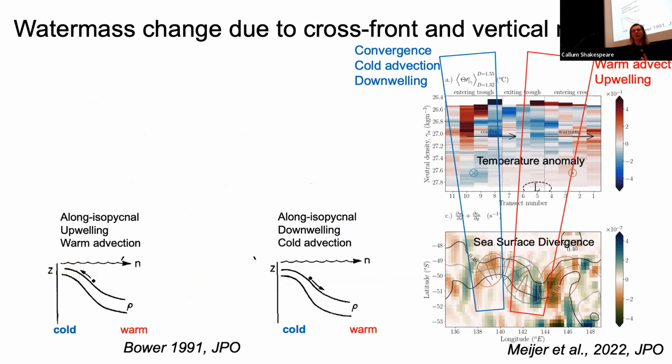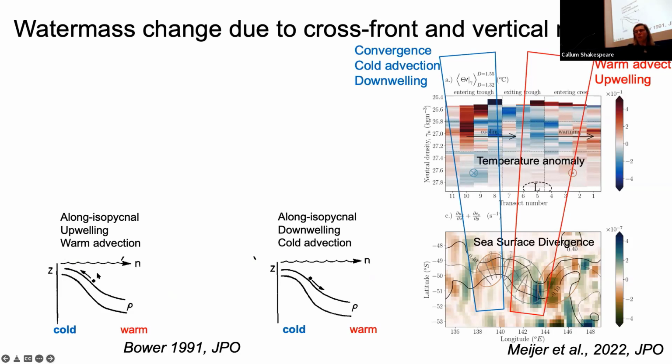And we go to a paper by Amy Bower using RAFOS floats in the Gulf Stream. These schematics show a meridional structure in density from south to north and with depth as the vertical coordinate. On an isopycnal, the water's colder in the south and warmer in the north.